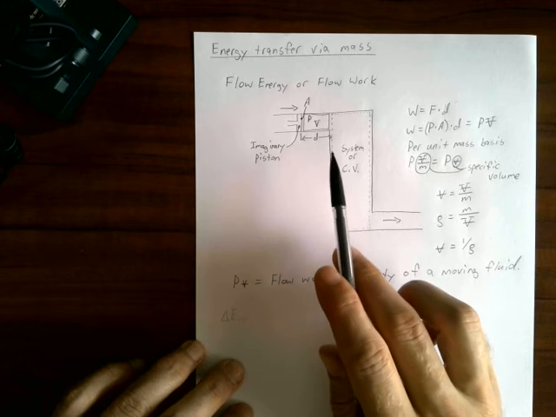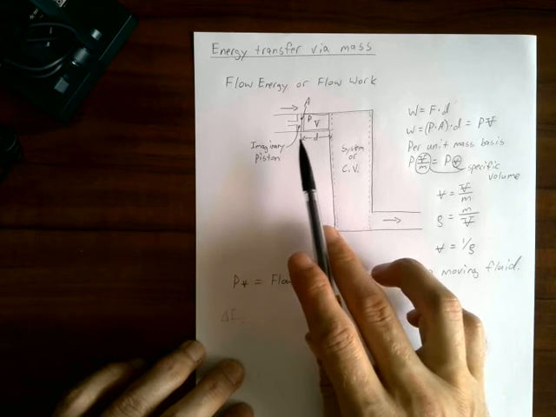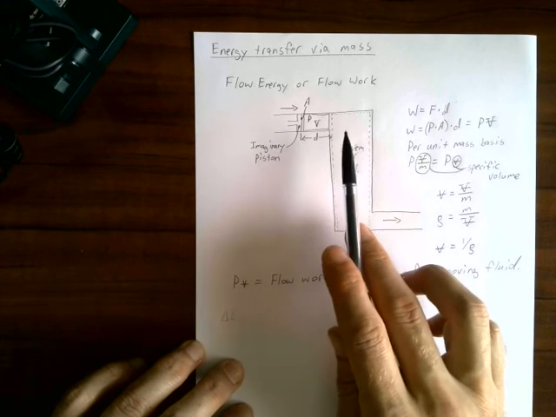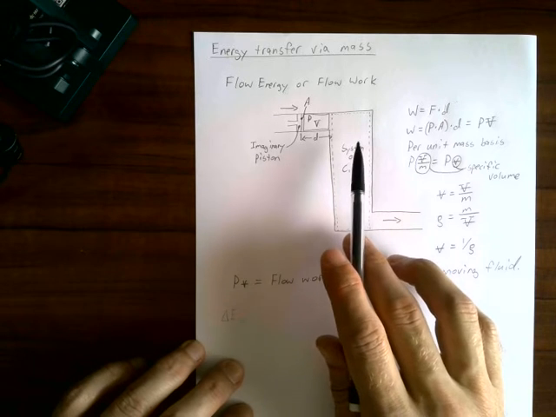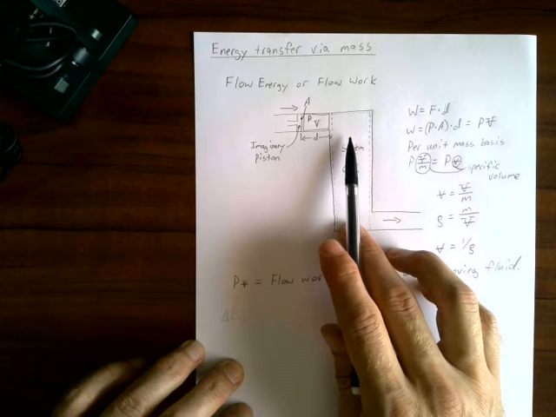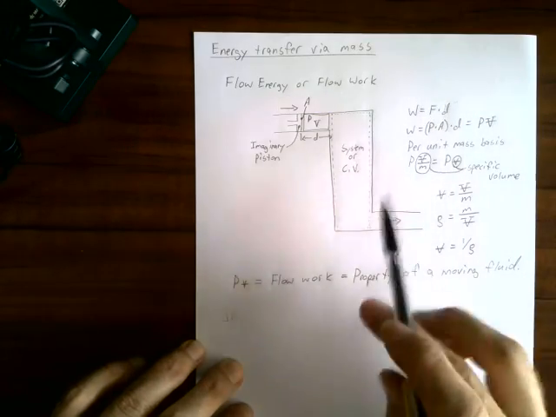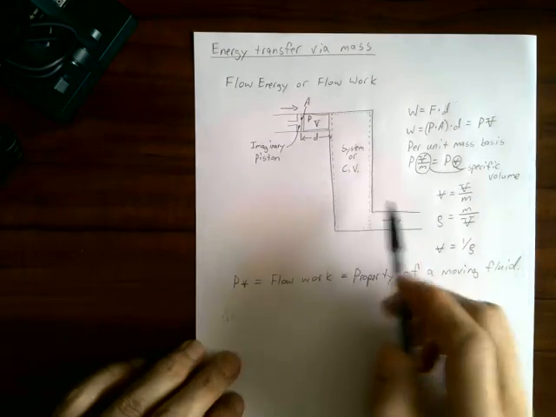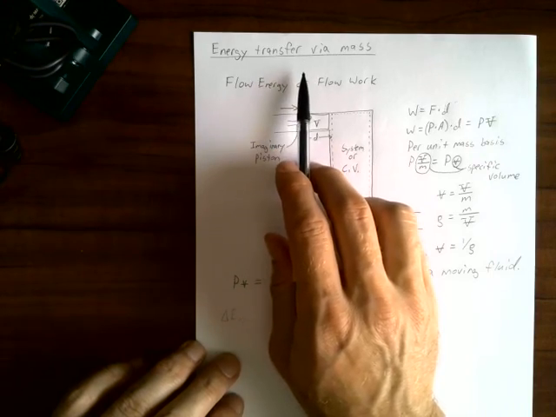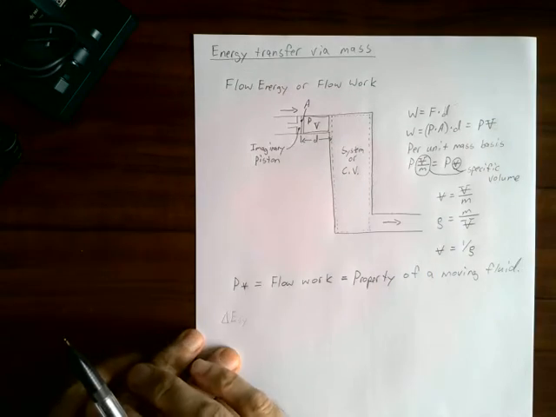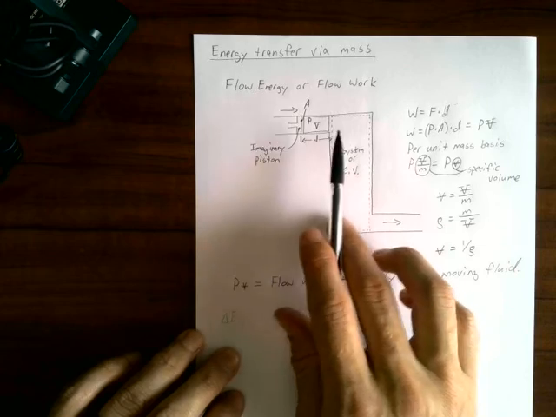We're never going to be dealing with a block of mass being deposited into a system without respect to a rate or something like that. So when we're dealing with energy transfer via mass, the only time you're going to see that in this class is when that mass is flowing at a continuous rate.